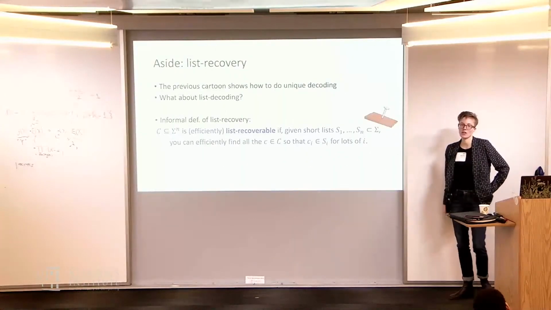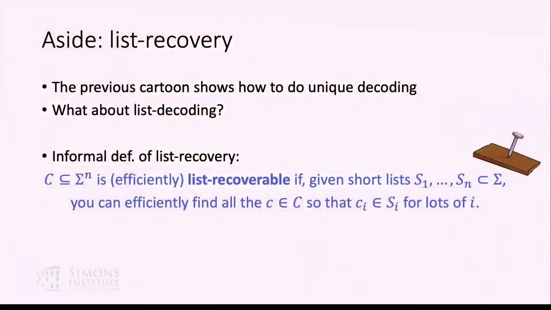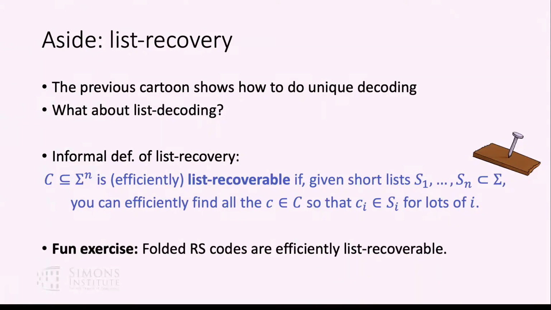Here's an informal definition: we say that C is list recoverable if, given short input lists, one for each symbol, you can efficiently find all of the codewords in C such that c_i lives in S_i for lots of i's, and implicitly this means there are not too many of them. That's exactly the problem we just saw, and it's called list recovery.